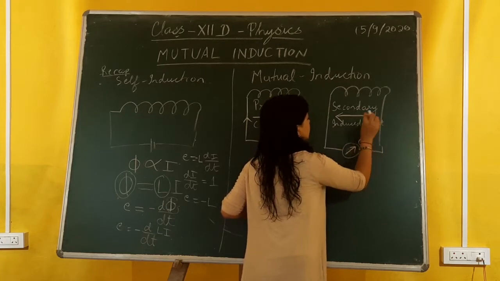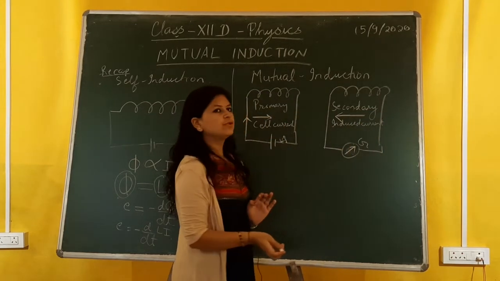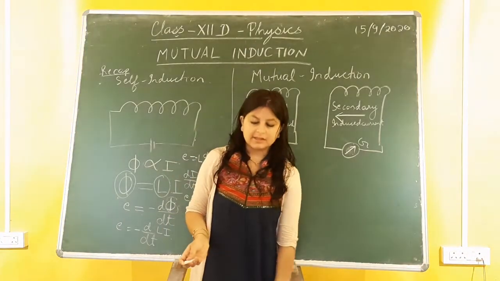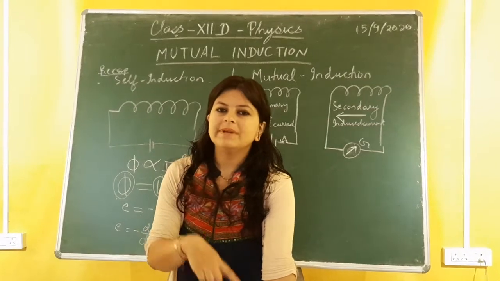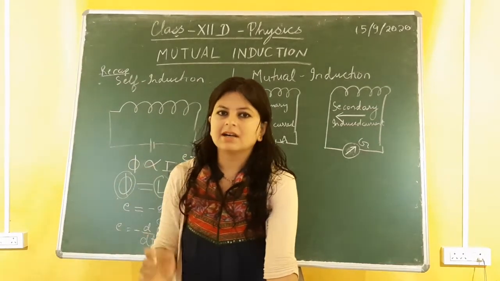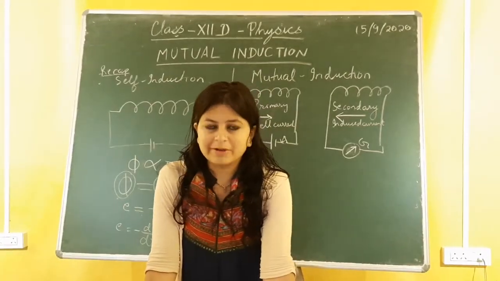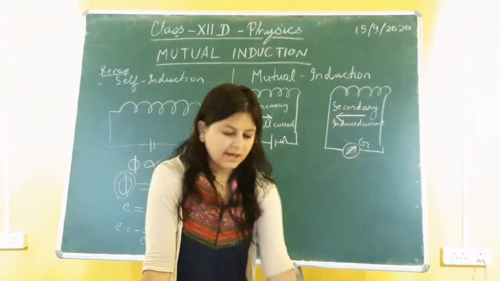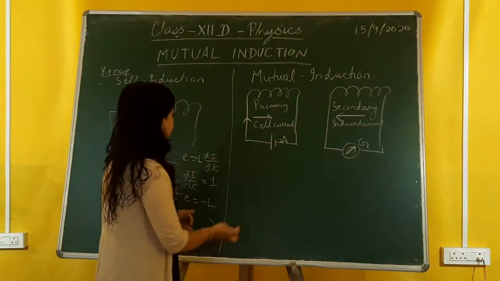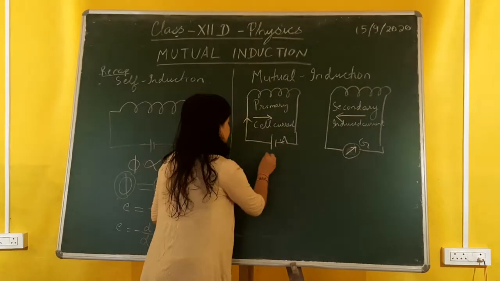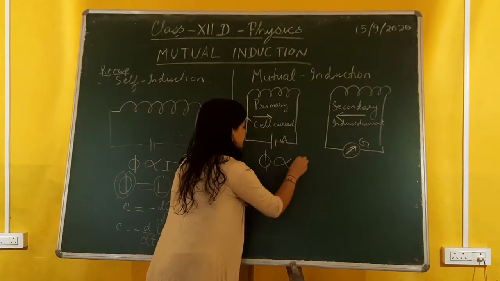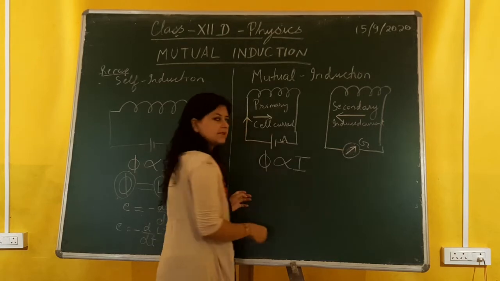current. This is called mutual induction, where the change in magnetic flux linked with one coil will be producing a current in the other coil, the neighboring coil of it. Now if there is a change in current, there is a change in magnetic flux which is directly proportional to the current flowing.